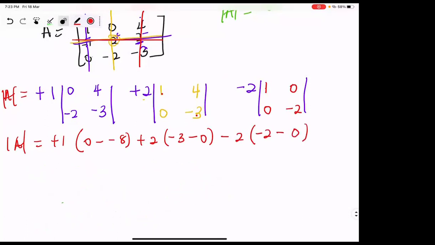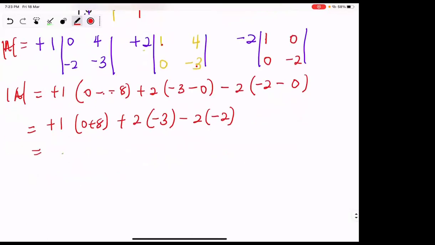So the rest is just to simplify, which is arithmetic. So this is equal to +1 into bracket, 0 minus -8, that is 0 plus 8, plus 2 into bracket, -3 minus 0, that is -3, minus 2 into bracket, -2 minus 0, that is -2.